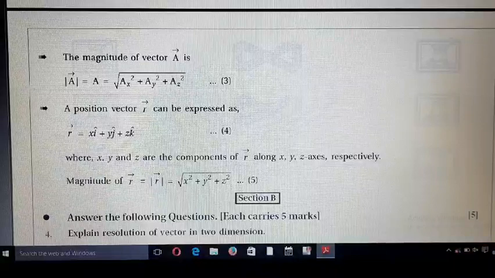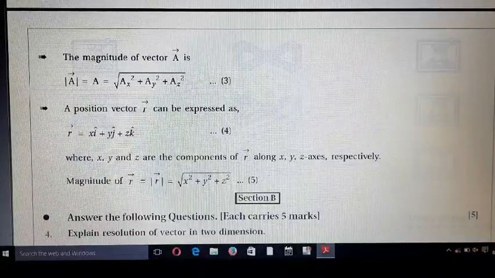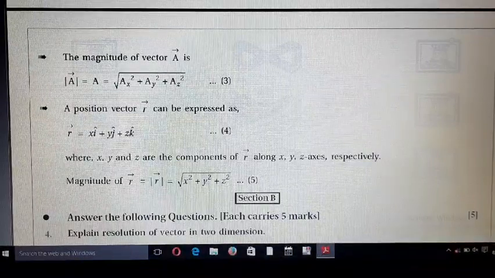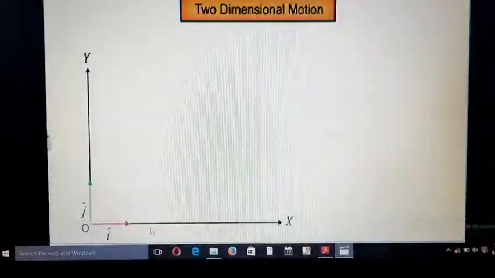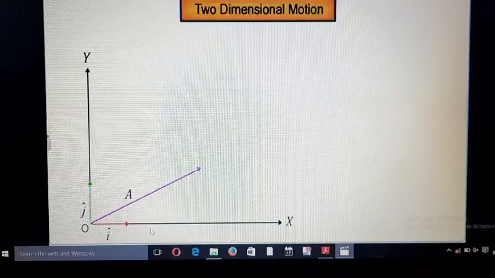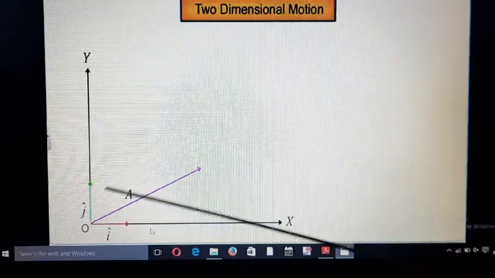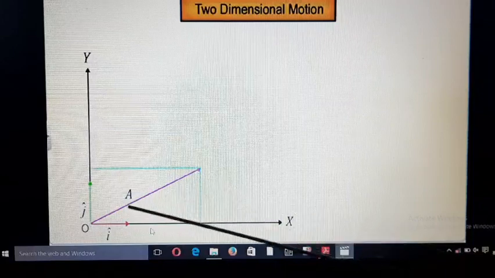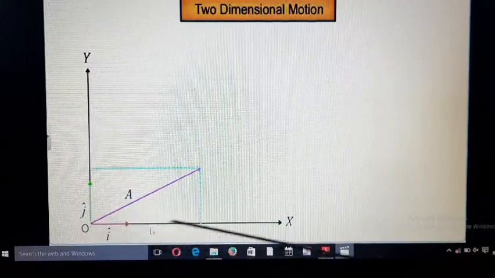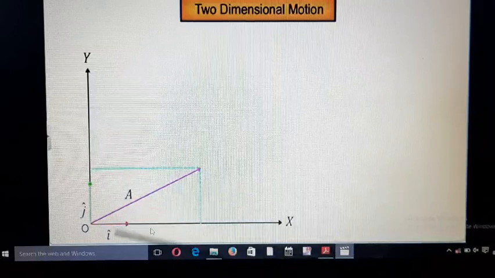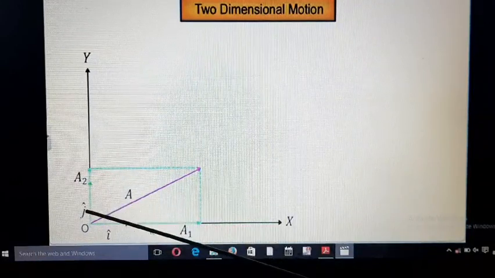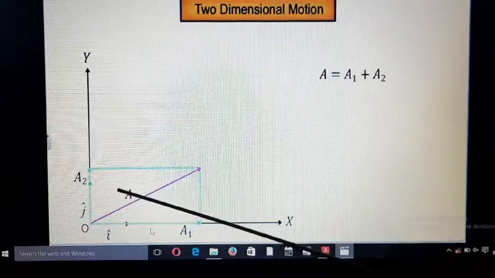Friends, our next question is: explain resolution of vector in 2 dimension. Look here, now we have one vector A. Here this is the x-axis, this is the y-axis, i caret is the unit vector of x-axis and j caret is the unit vector of y-axis.